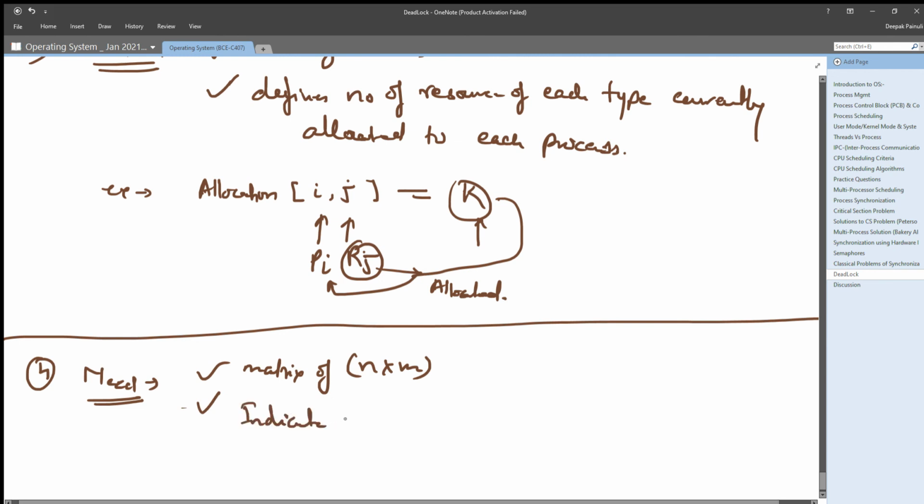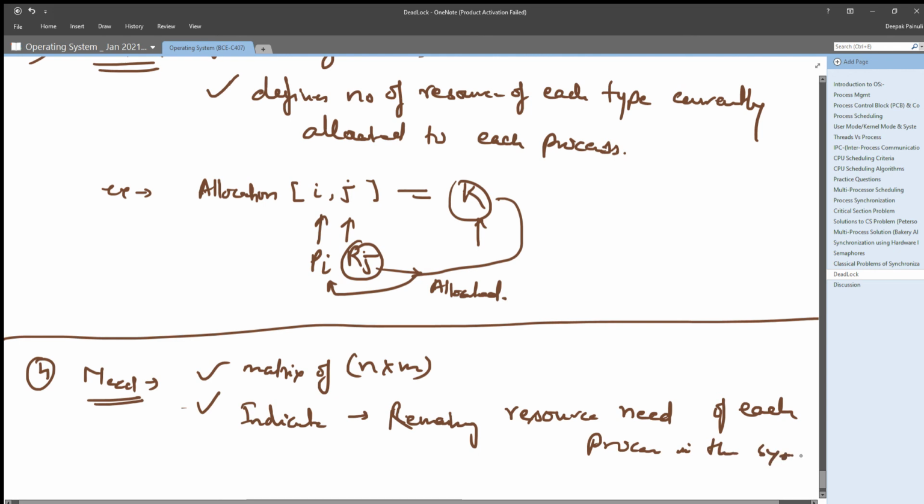This matrix will simply indicate the remaining resource need of each process in the system.